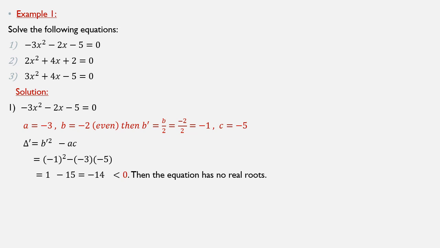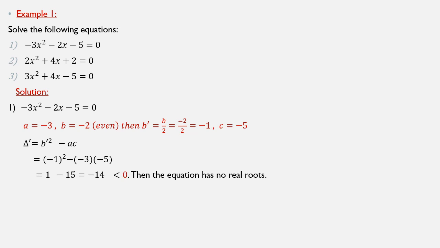But here I prefer to solve it using delta prime because the numbers will be smaller and easier for calculation. So here, a, which is the coefficient of x squared, is equal to 3. b is minus 2, so it's even. Then we can find b prime, which is b over 2, so it's minus 2 over 2, which is equal to minus 1. And c is equal to minus 5.